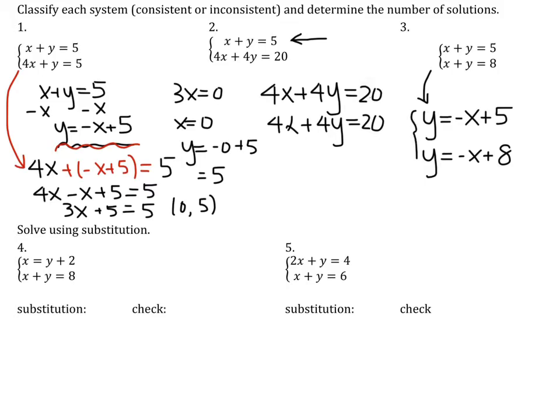Do you see that they have the same slope, negative 1, but their y-intercepts are different? One is 5, the other is 8. So what do we call this type of equation? Same slope, different y-intercept. They are parallel lines. So the system is considered inconsistent.